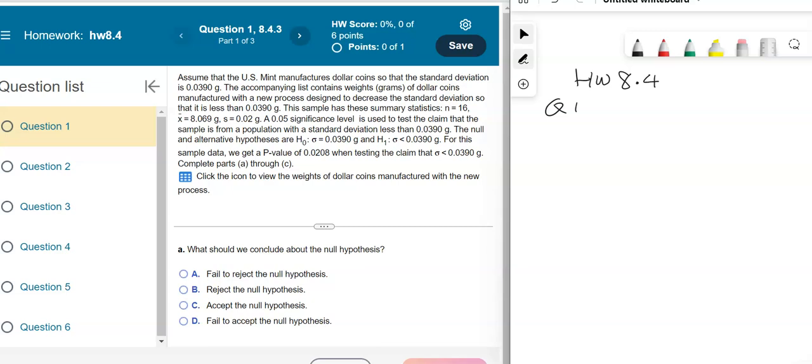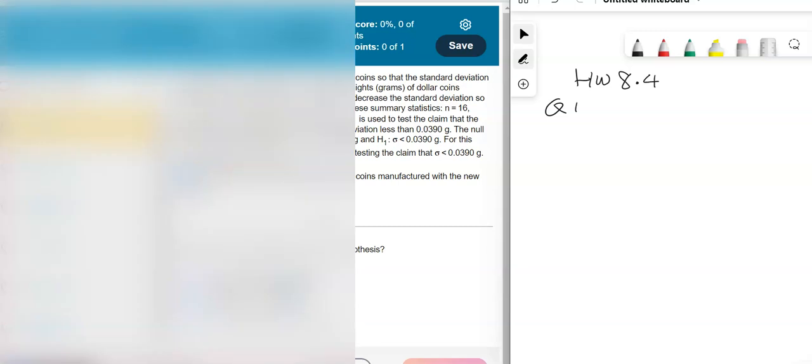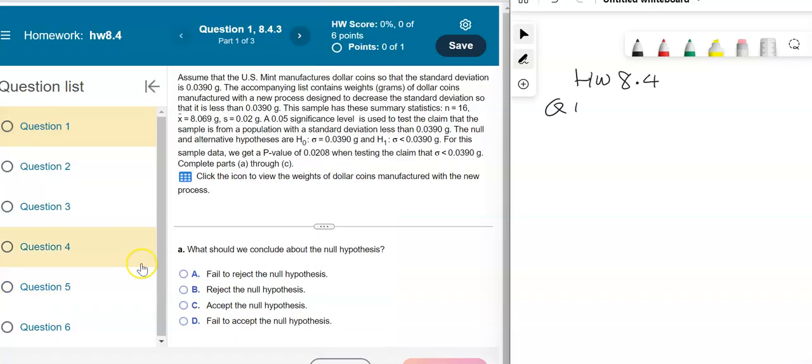This is homework 8.4. It says the U.S. Mint manufactures dollar coins so that the standard deviation is 0.039. The accompanying list contains weights of dollar coins manufactured with a new process designed to decrease the standard deviation, so it is less than 0.039.